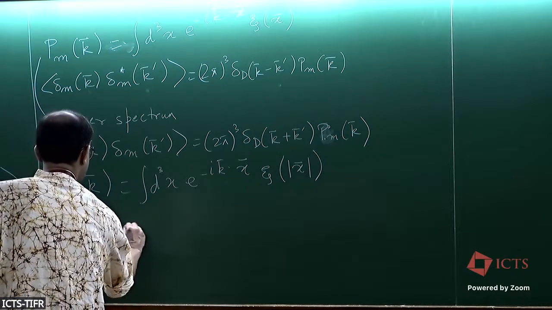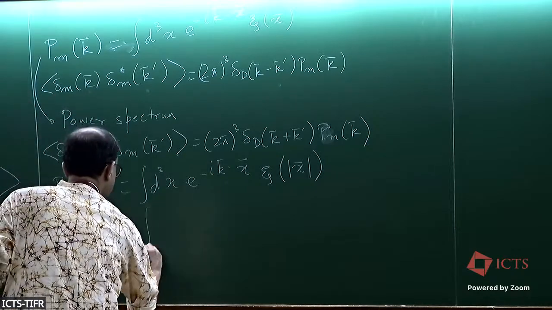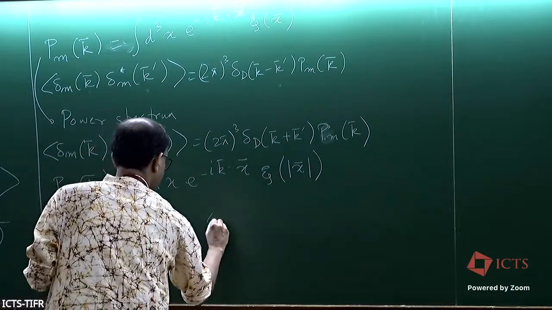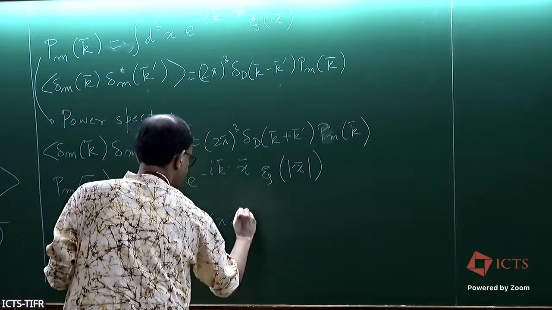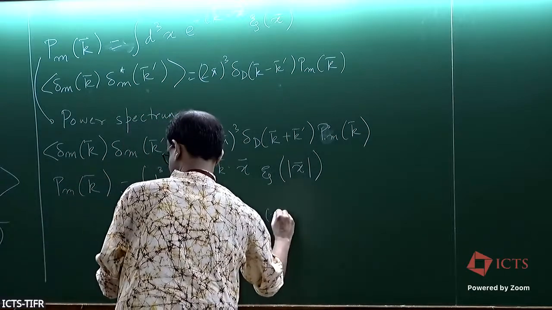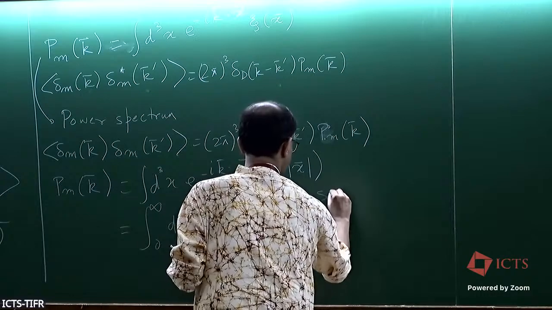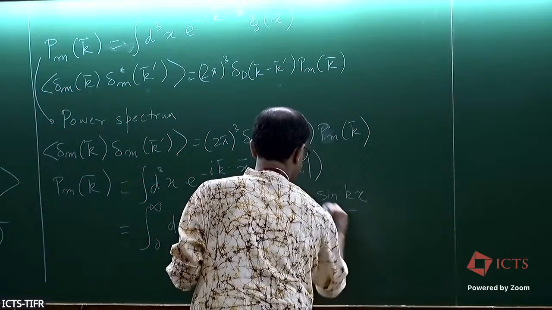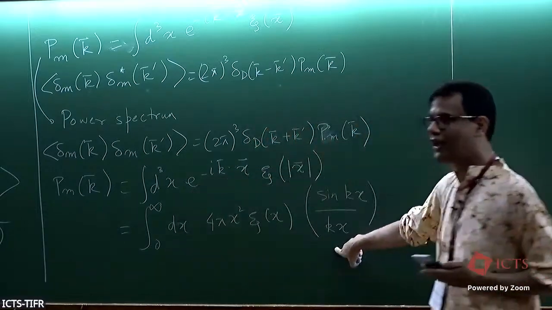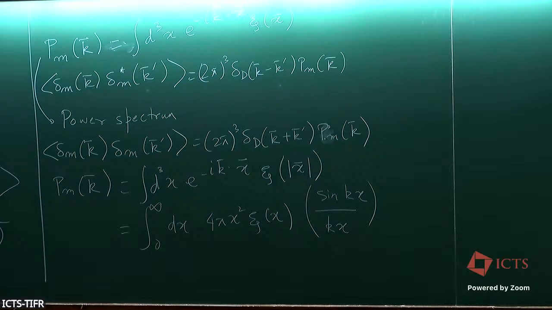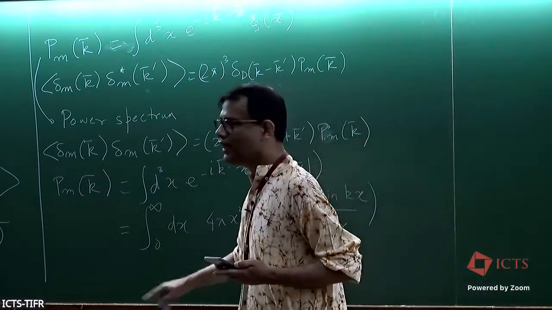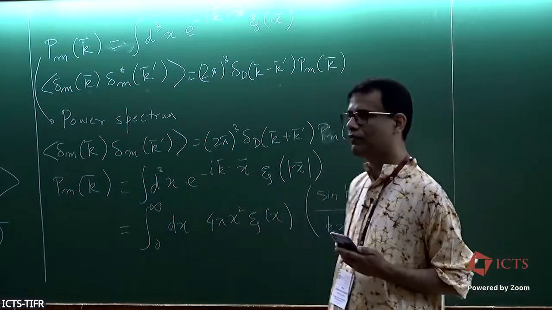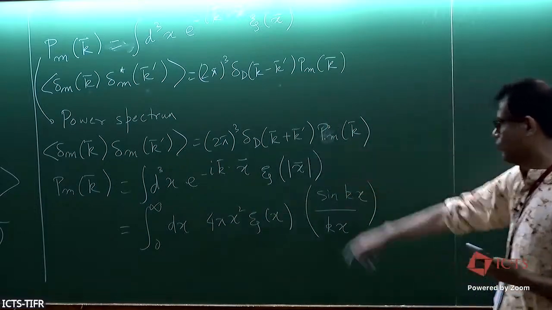So what you will find is that this can be written as the integral from 0 to infinity dx times 4 pi x square psi of x times sine kx by kx. This part will come from the theta integral, and x square dx is the radial integral part, and there is a 2 pi coming from the phi integral, and an extra 2 will come when you do this theta integral.